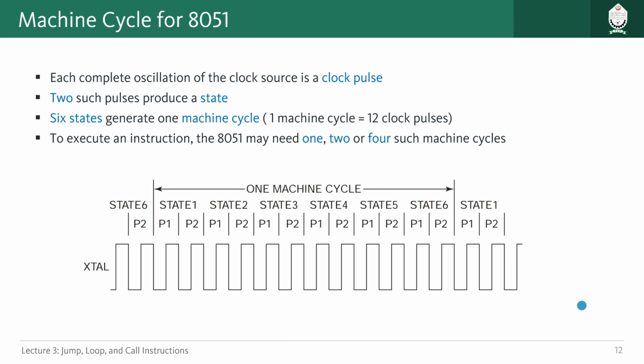Now here we will try to learn how to calculate the time for the delays. I think you have seen a lot of delays in your lab experiments, but how to exactly calculate the accurate time of the delays we are giving there, we will try to understand that here. To understand that, one of the concepts that needs to be understood is machine cycle.